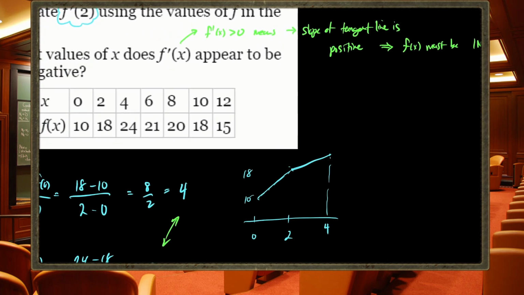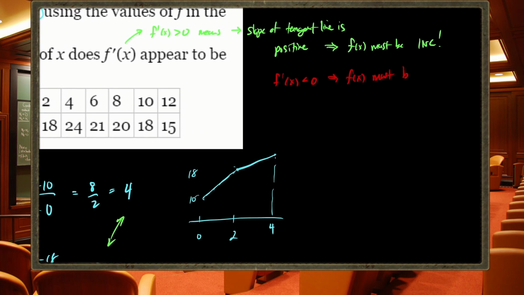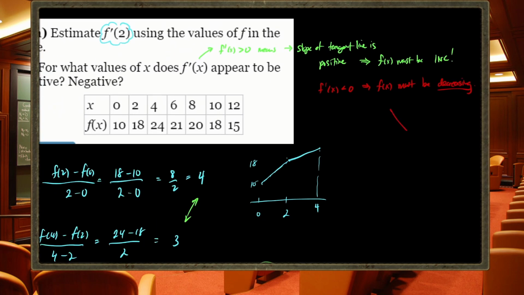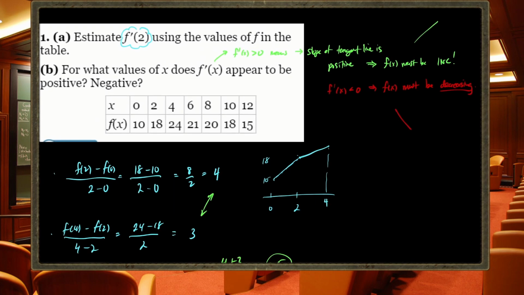And just the opposite if it's negative. f prime of x being negative implies that f of x must be what? Decreasing. Because if the slope of the tangent line is negative, that means it's going down. Just the other way around for when f prime is positive.